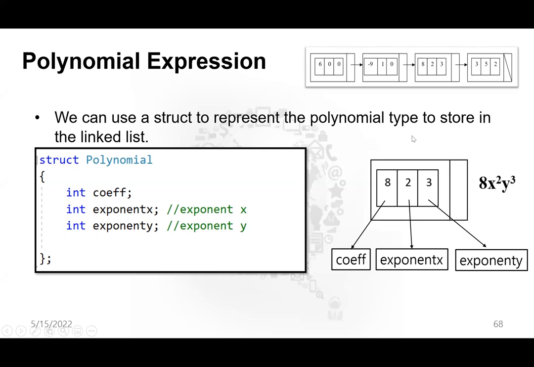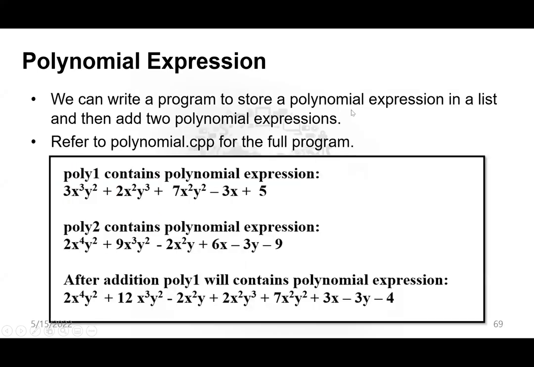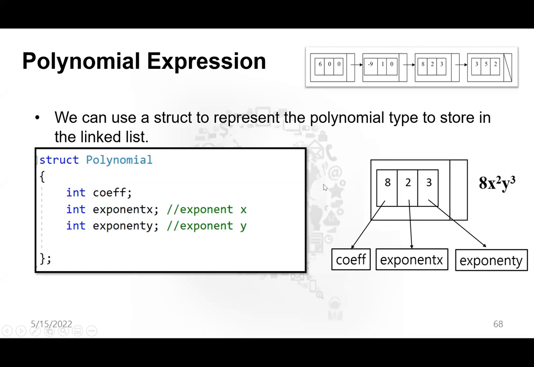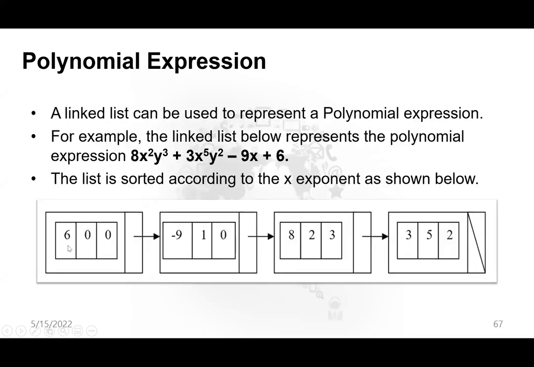Okay, let's go back to the previous slide. So this is coefficient, this is exponent x and exponent y. From here, you can see that this 600 represents which part? The 6 here, because for this 6, both x and y are power 0. That's why we don't show the x and y.